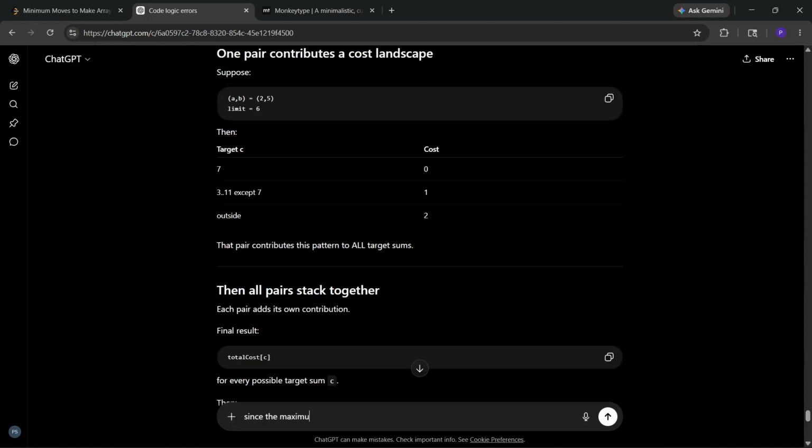Since the maximum sum any pair can give me is 2 times the limit, the maximum changes. Of course, okay.